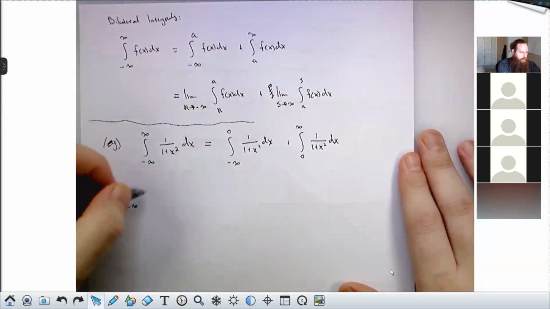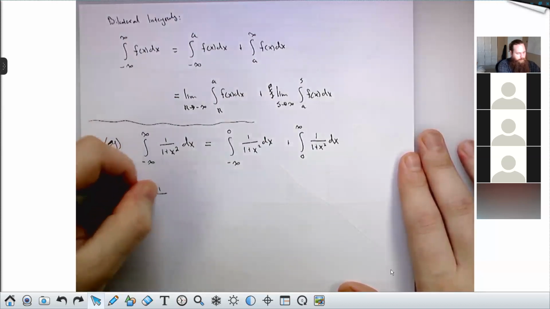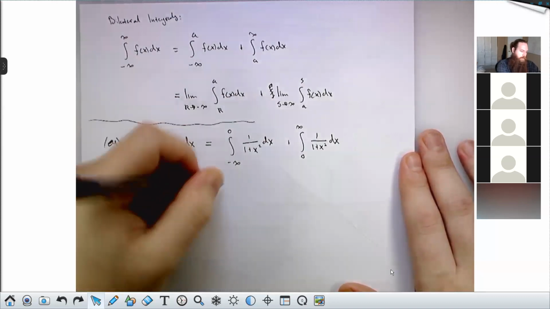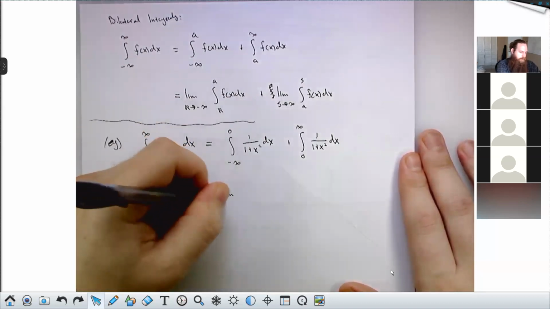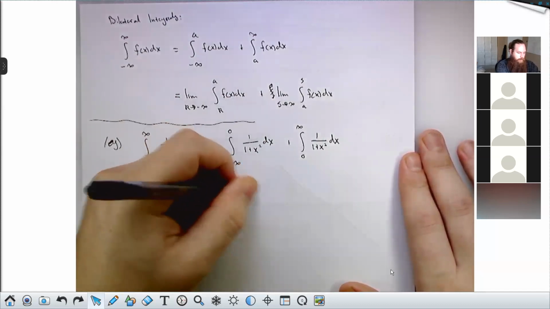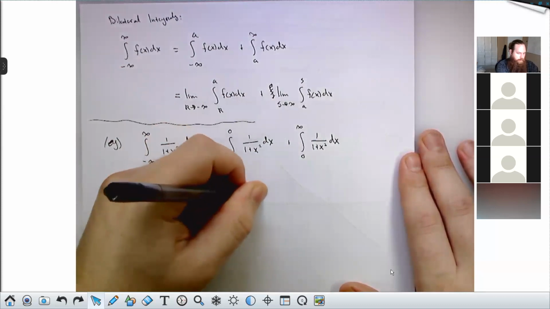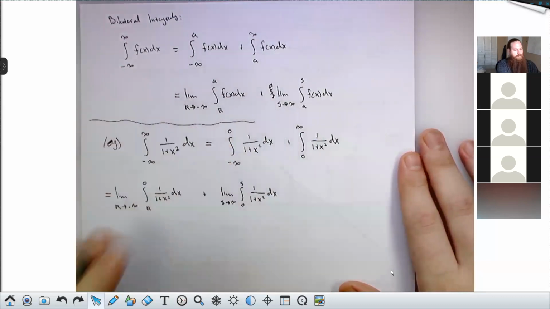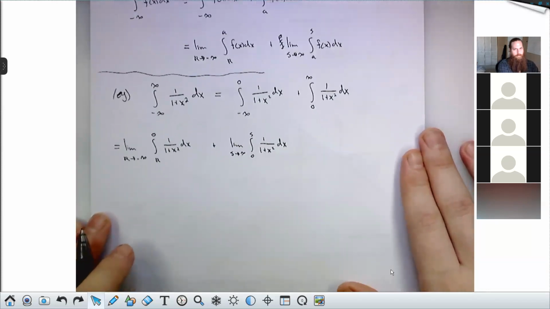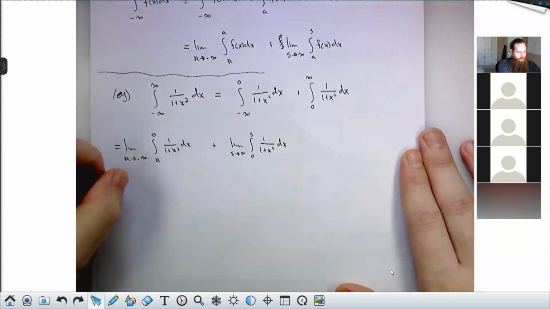So limit r to negative infinity, integral r to 0, 1 over 1 plus x squared dx, plus limit s to positive infinity, integral 0 to s, 1 over 1 plus x squared dx. The antiderivative step isn't hard here.